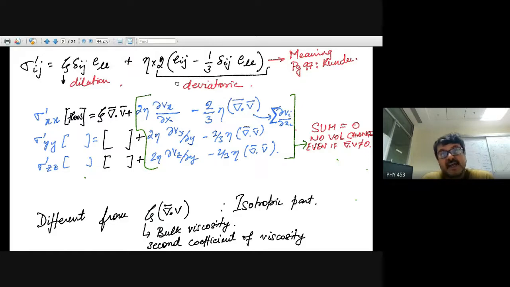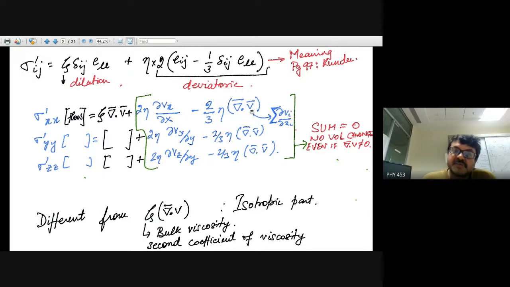So the whole thing as a whole will lead to no volume change. But suppose divergence v was non-zero, right? If you sum these things up, the total sum will be zero. So this is not related to volume change.